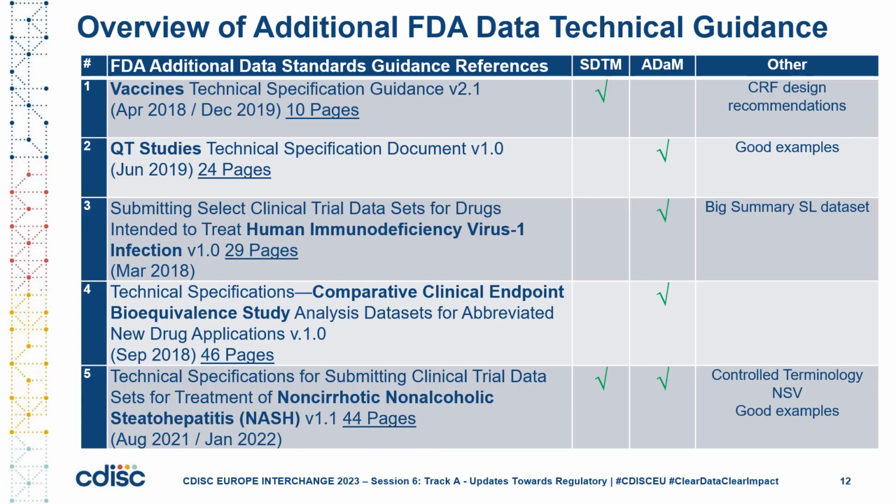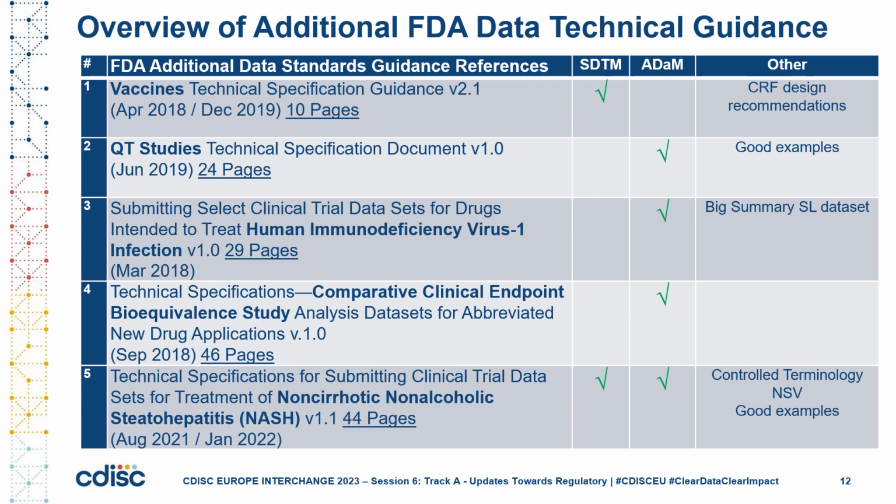Okay, as I said, let's see in more detail what those guidance cover. I said 5 guidance. They have been released more or less in the last 5 years. They don't all cover the same topics.